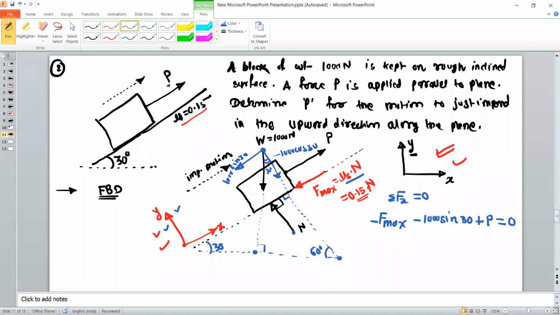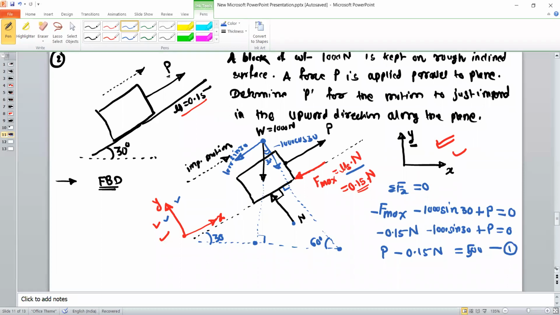F max is nothing but 0.15 into N. So I will write here: 0.15 into normal reaction, minus 1000 sin 30, plus P, equal to 0. Just rearrange this equation. So we will have P minus 0.15 N equal to 1000 sin 30. So this will be 500. You can call this equation 1.